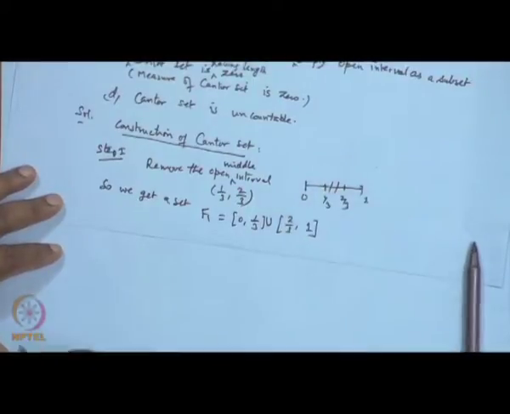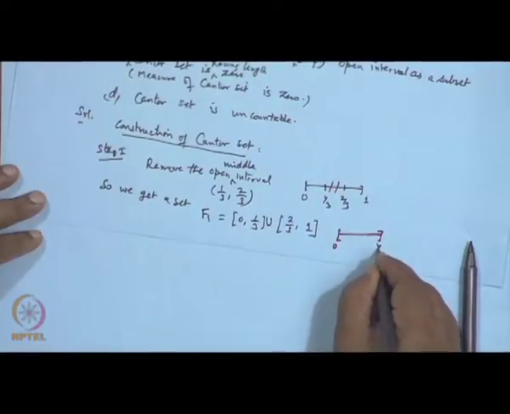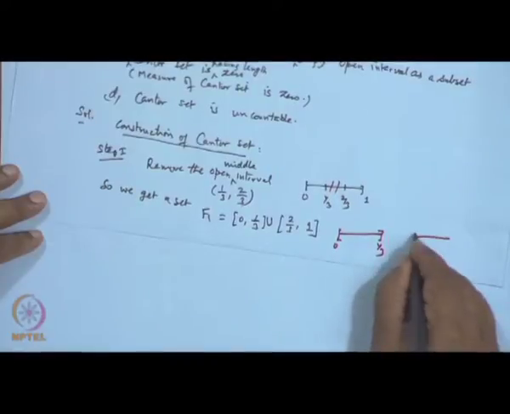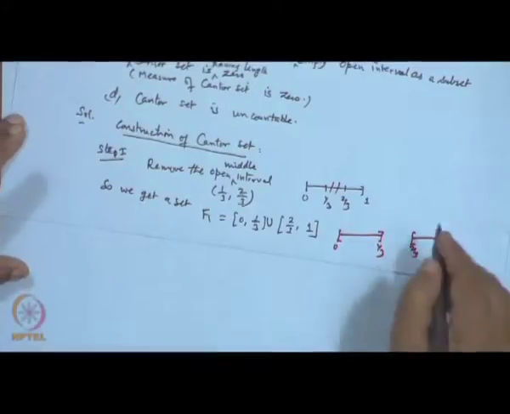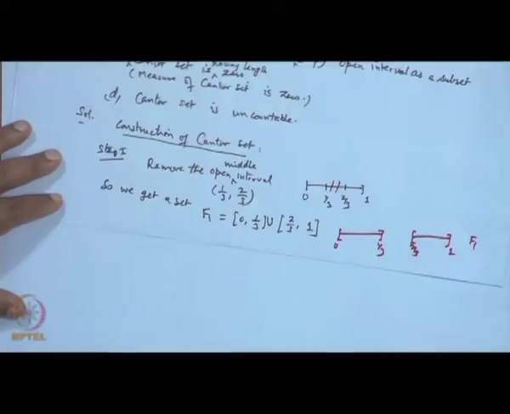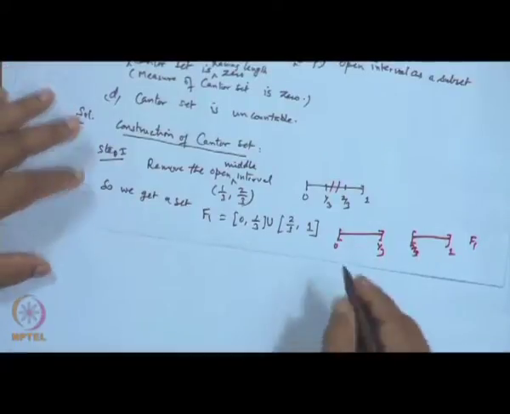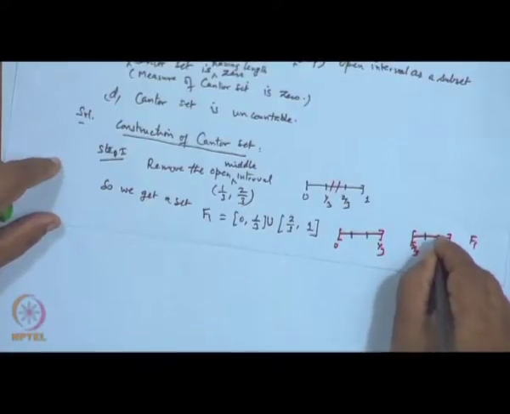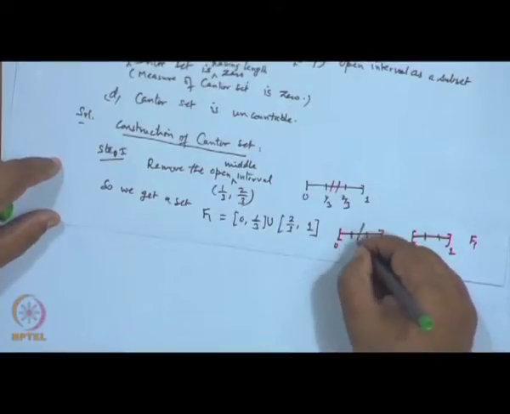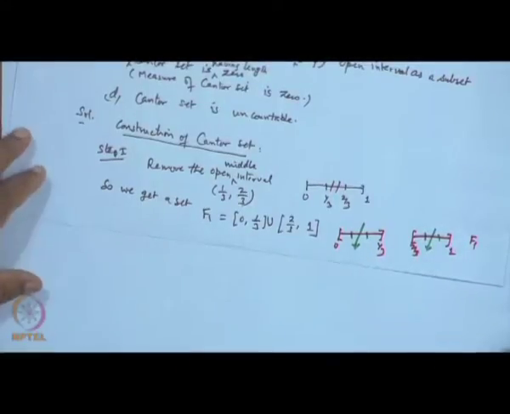The remaining intervals are [0, 1/3] and [2/3, 1], denoted by F1. Next, we subdivide each of these intervals into 3 parts and drop the middle open portions.